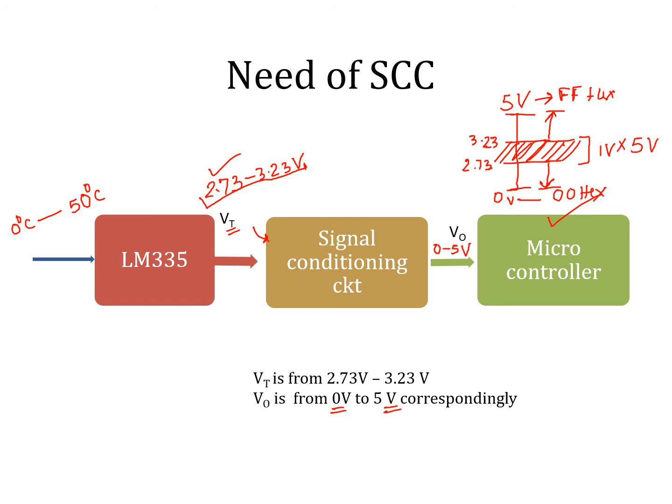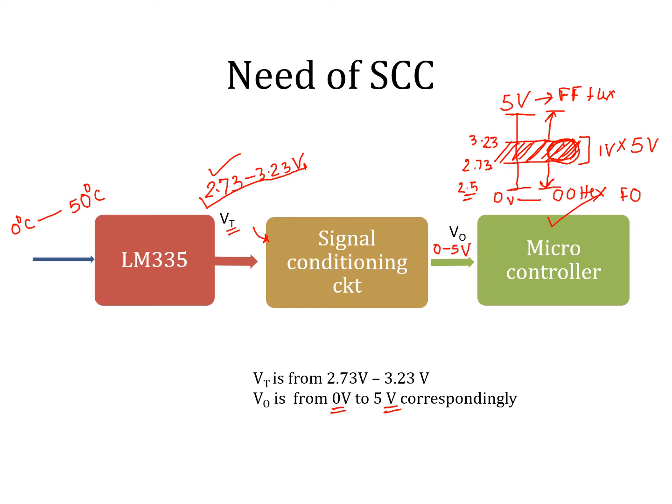If the A to D in this case is using only this particular area, then for a given value, let's say 2.73, the output will be around its MSB, because if it is 2.5 volt, that is half of the range, the output will be F0. So its range will become very limited, up to 3.2.